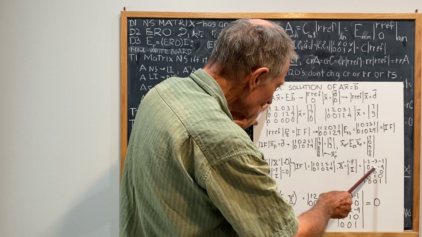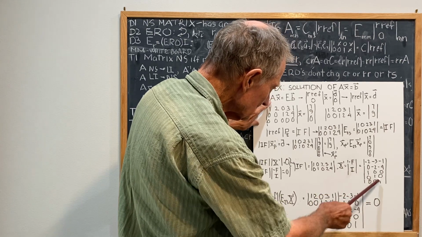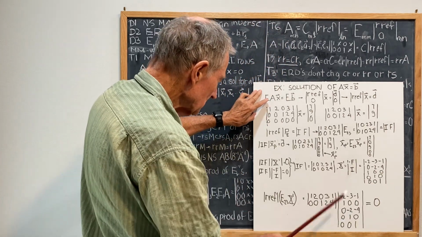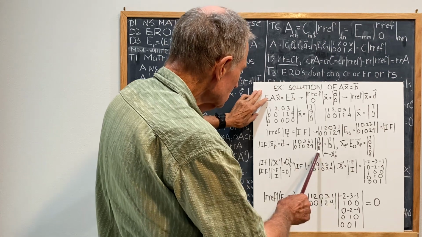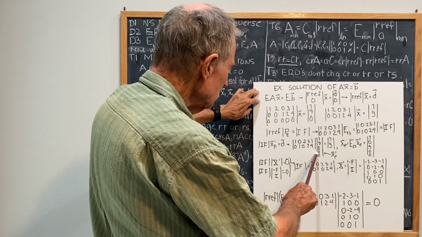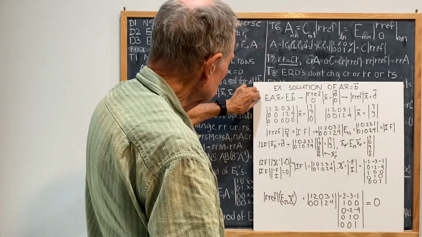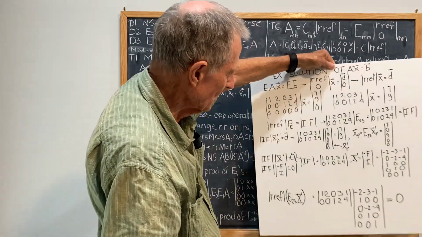Interchange rows 2 and 3, 1, 0, 0, 0, minus 2, minus 4, 0, and then 0, 1, 0, 0, 0, 1. And this is the solution. So finally we have that this is the solution to AX equal B, and this is the solution to AX equal 0. You're going to have to give that a little thought.